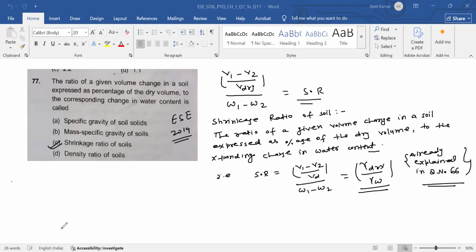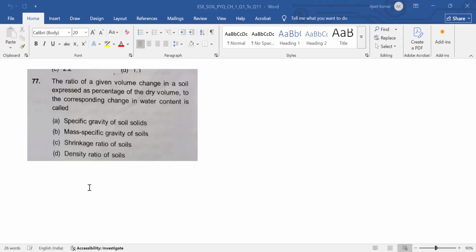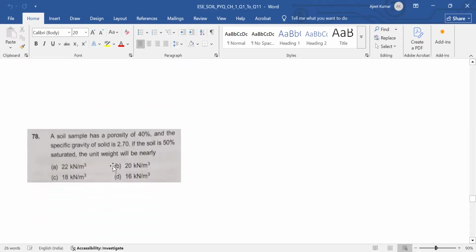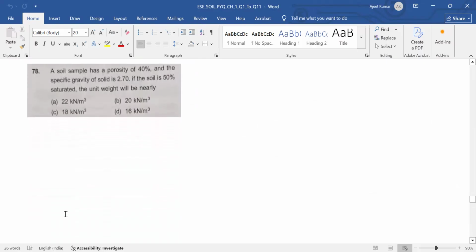Now take the next question, question number 78. A soil sample has porosity of 40%, and the specific gravity of soil is 2.70.